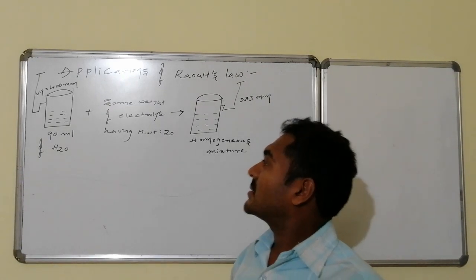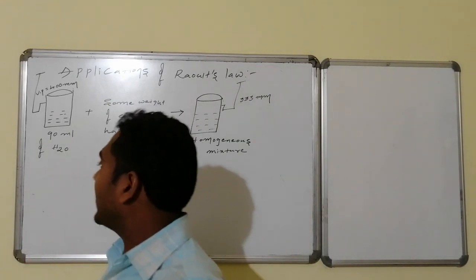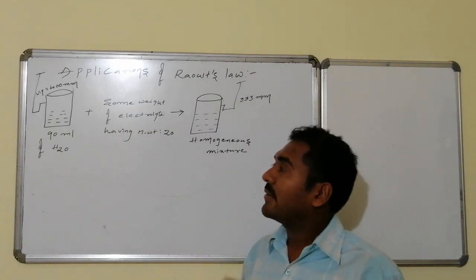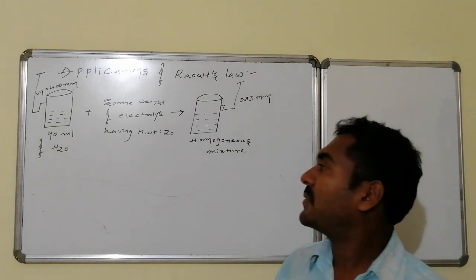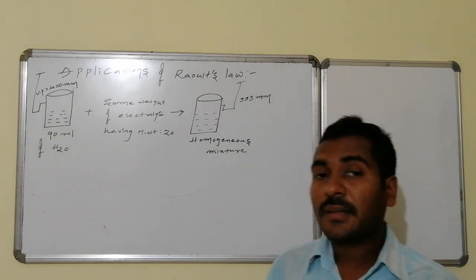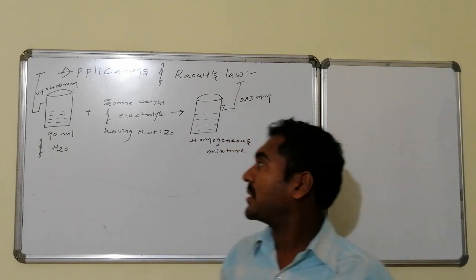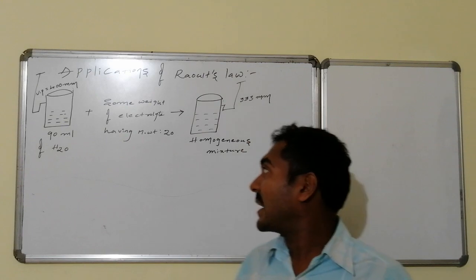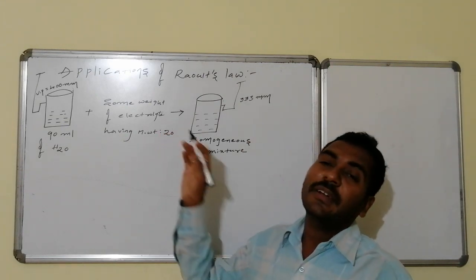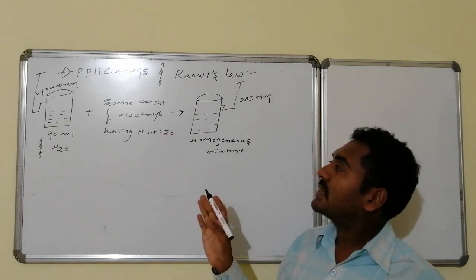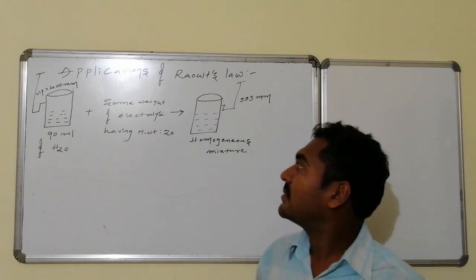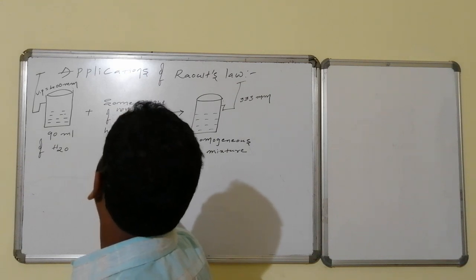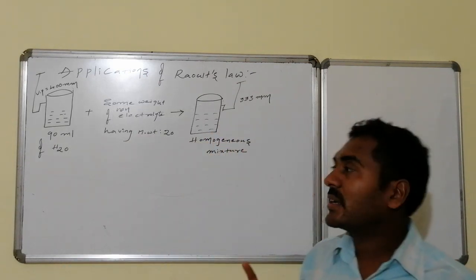There is a solvent which is 90 ml of water. This 90 ml of water has a vapor pressure of 400 mm of Hg, whereas in this solvent, some unknown weight of non-electrolyte, whose molecular weight is 20, was added.